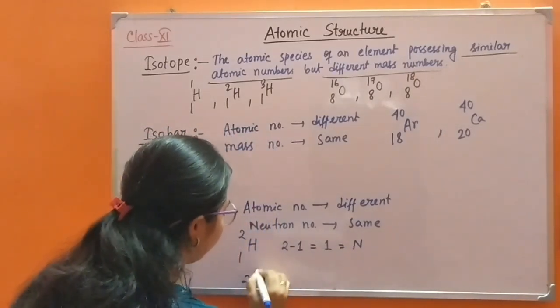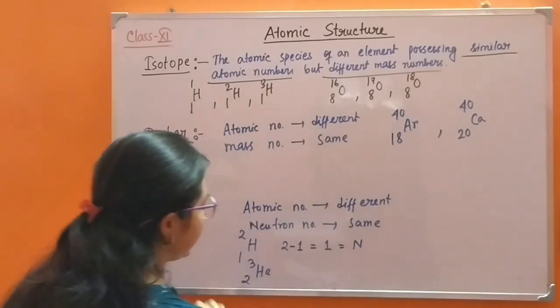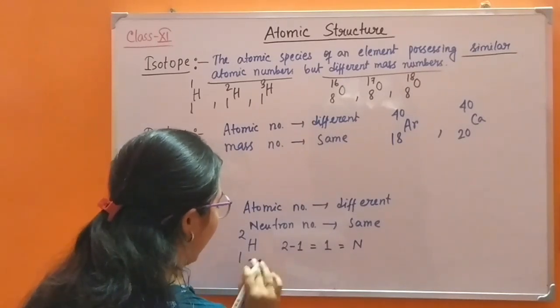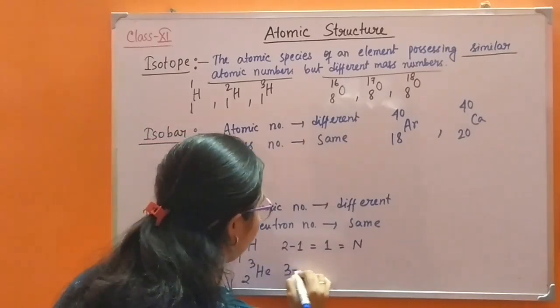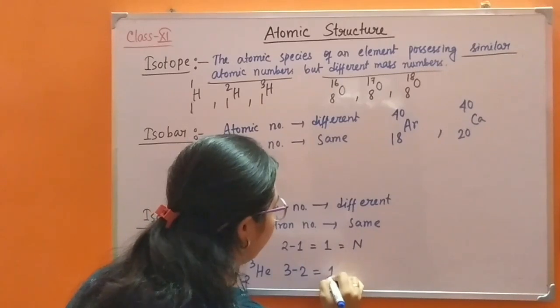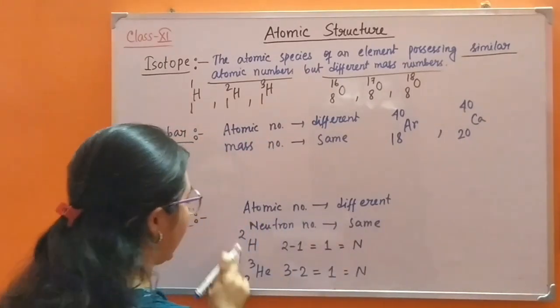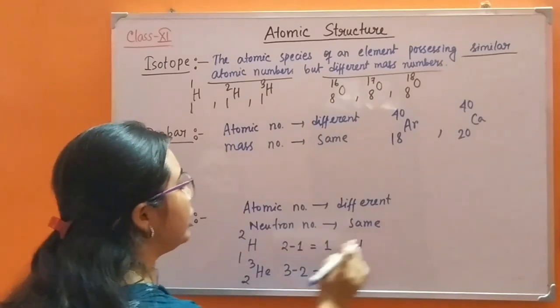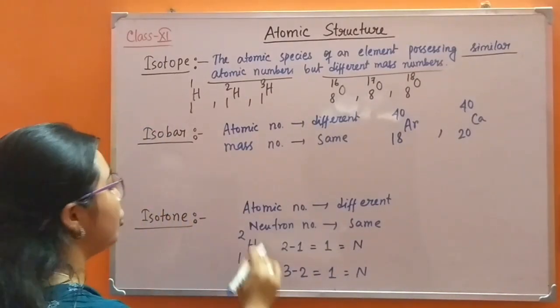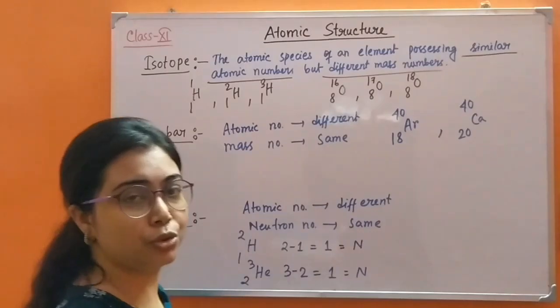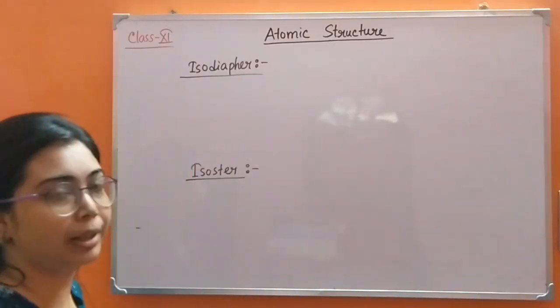And one isotope of helium, 2He3. Here atomic number 2 and mass number 3, so number of neutrons is 1. Here atomic numbers are different, mass numbers are different but neutron numbers are the same. So these are isotones.